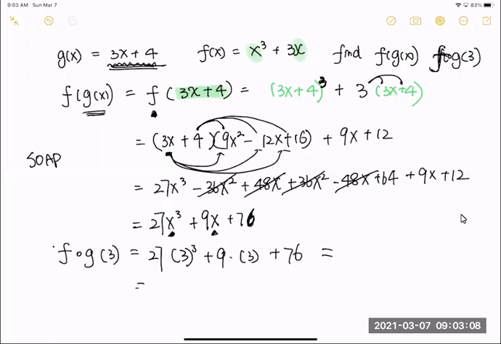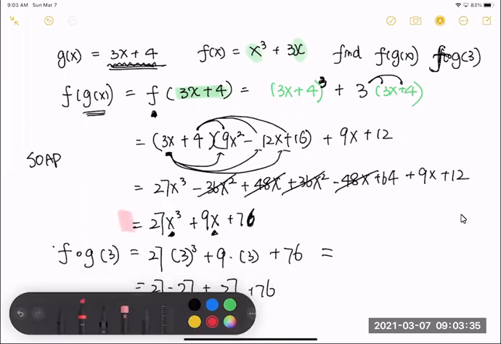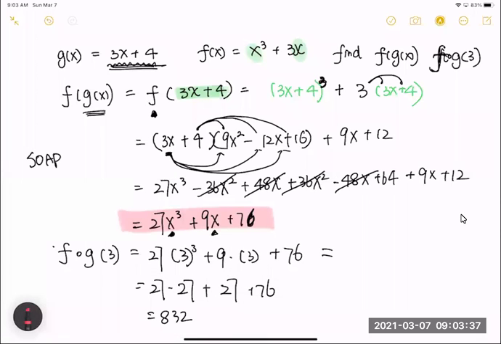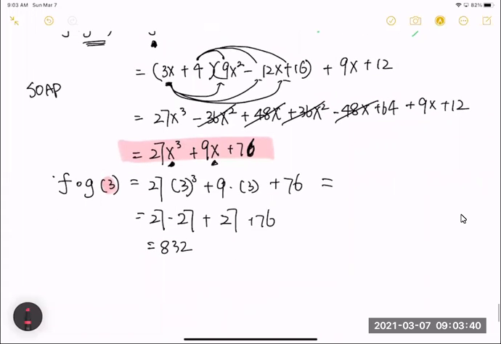So 27 times what? 3 to the cubic is 27, so 27 times 27 plus 76 equals 832. Okay, so let me recap this. Basically, you need to find the composition of the function, and then you substitute x equals 3 into every x of the composition function.